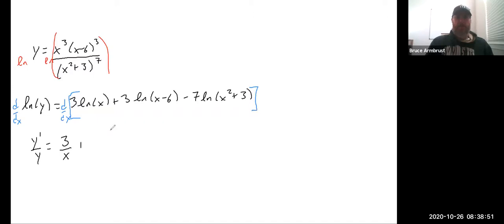All right, the next one, 3 is a constant multiple. We get x minus 6 on the bottom, and we get the derivative of what's inside on top. The derivative of x minus 6 is 1, so that's done. And then we get minus 7. Again, the x squared plus 3 goes on the bottom, and on top goes the derivative of what was inside. The derivative of x squared plus 3 is 2x.